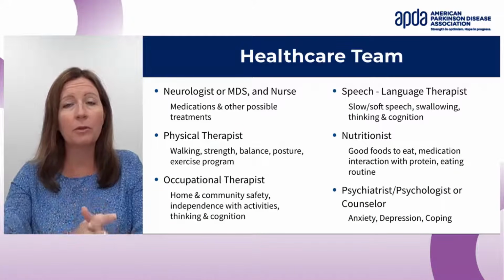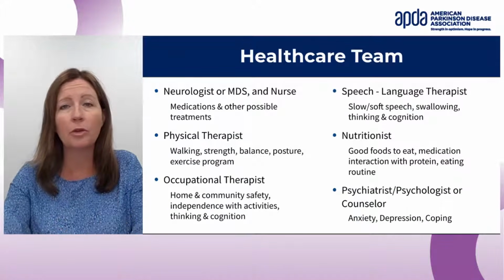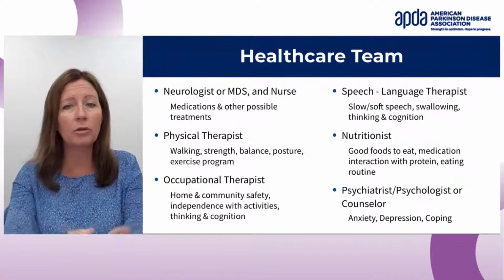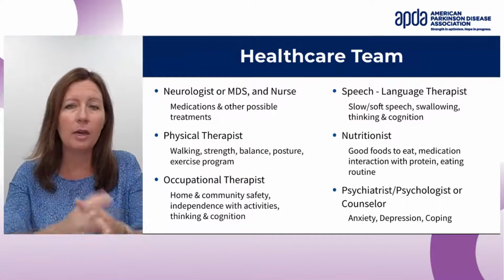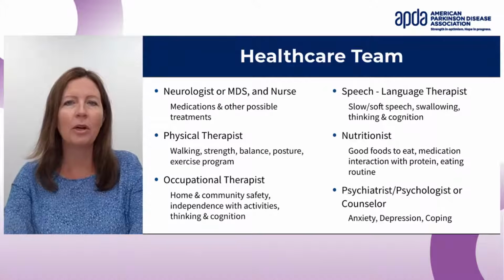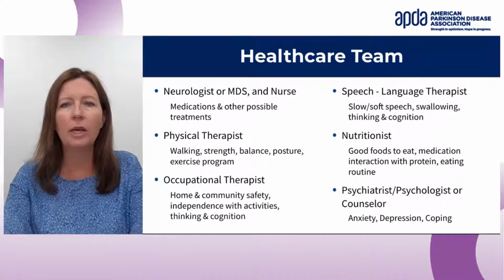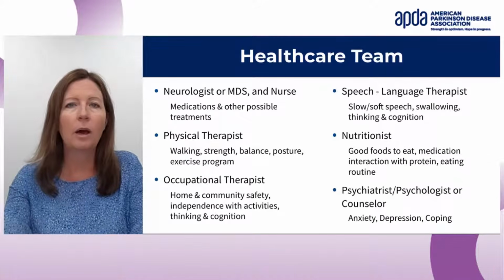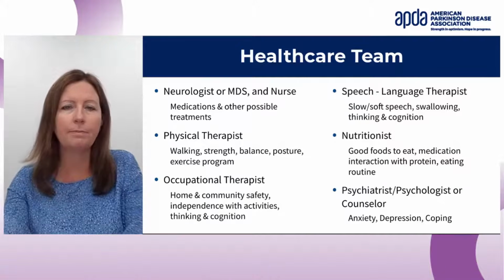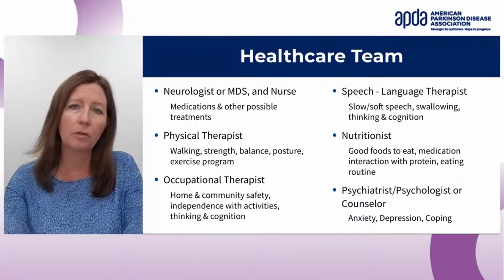So first and foremost, your neurologist or your movement disorder specialist and nurse, they are the team leader, okay? So they're going to help you with medications and other possible treatments to help you manage your symptoms well. Next would be a physical therapist.